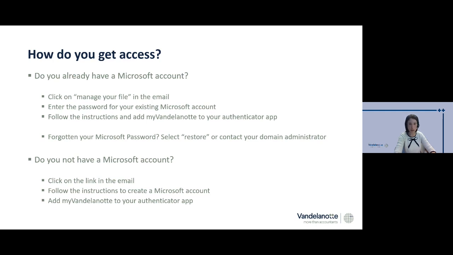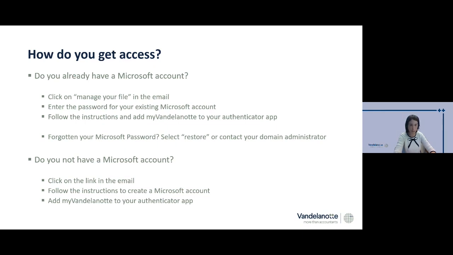If you have forgotten your Microsoft password, then you can select to restore it, or if you have an email with your own domain extension, then you should contact your IT services or your domain administrator.